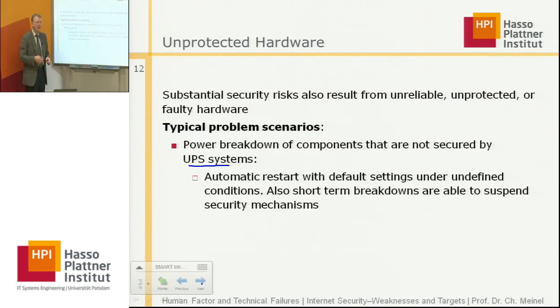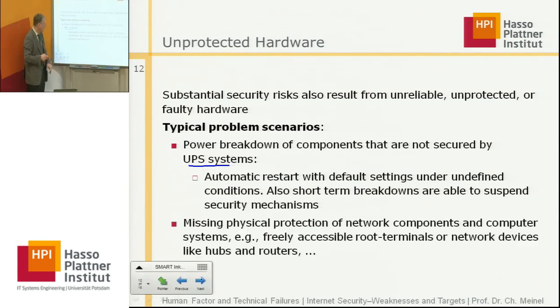And I mentioned this already. Typically, it restarts in the standard configurations if system administrators did not work correctly and carefully. So it restarts in the standard configuration, and a later break-in is easy for people because standard account and standard password are known.